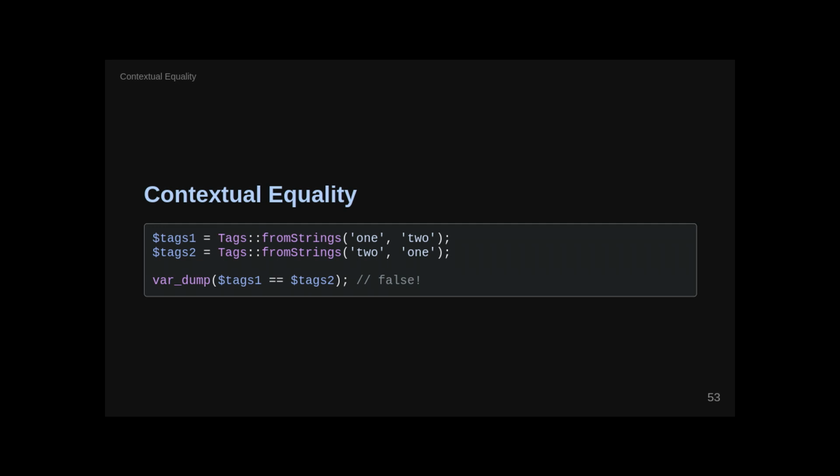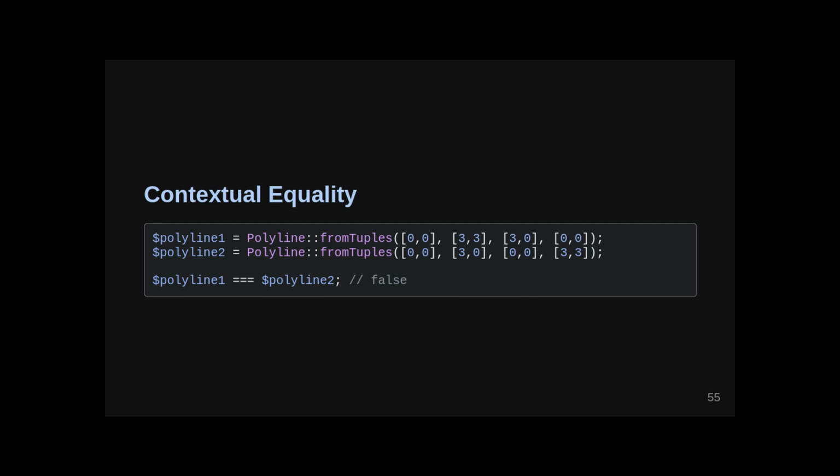Now, if you compare those tags against each other in PHP with equals, it's going to be false, because the order's different. But it's an unordered set, so all we need to know is that they have the same members. But the equals isn't going to help us there. When we implement our own equals to, we can take into account the context of the value, right? The value's got its own concept of equality.